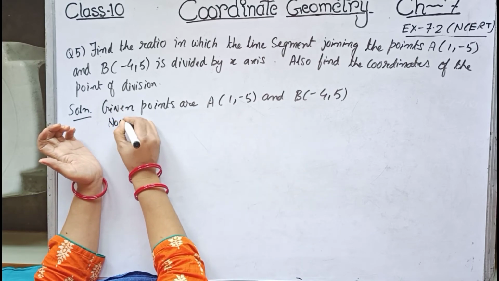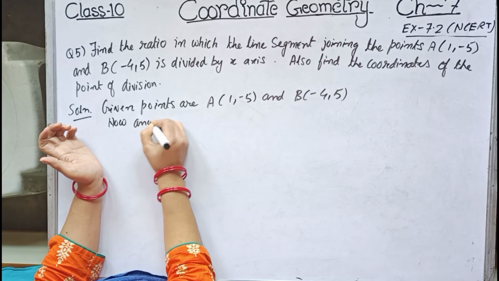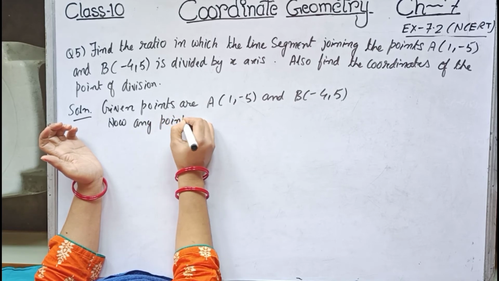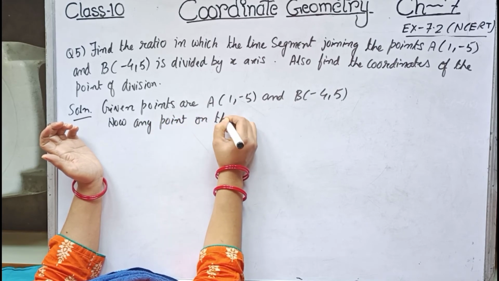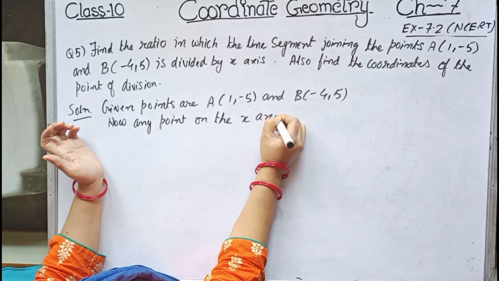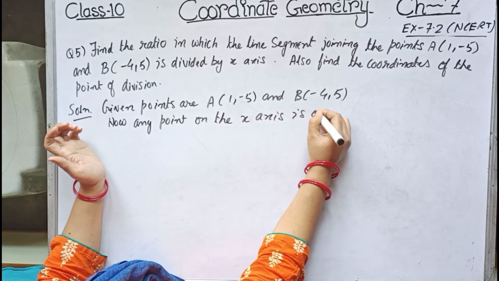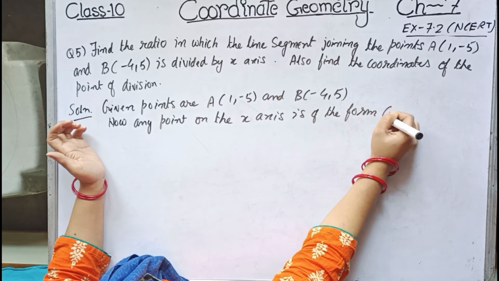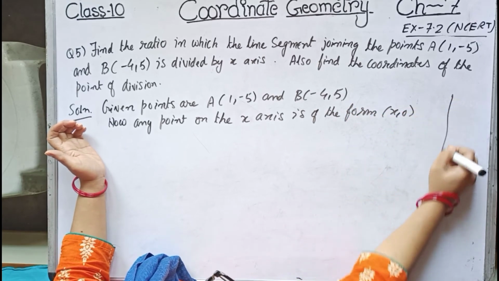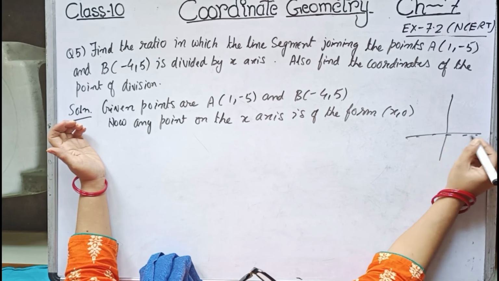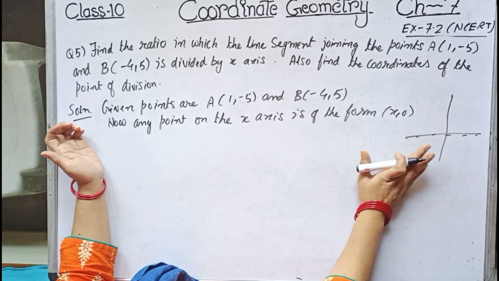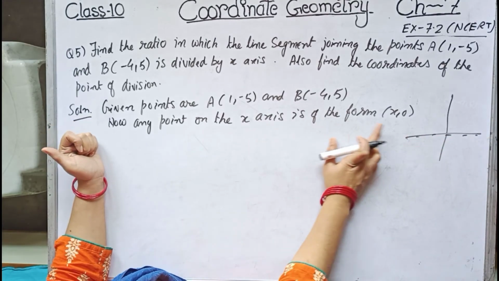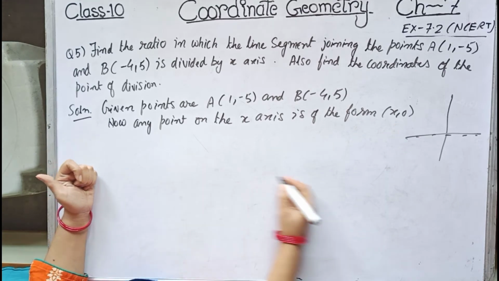Now any point on the x-axis is of the form (x, 0). You can notice that on the x-axis all y coordinates are 0. So any point on the x-axis is of the form (x, 0).